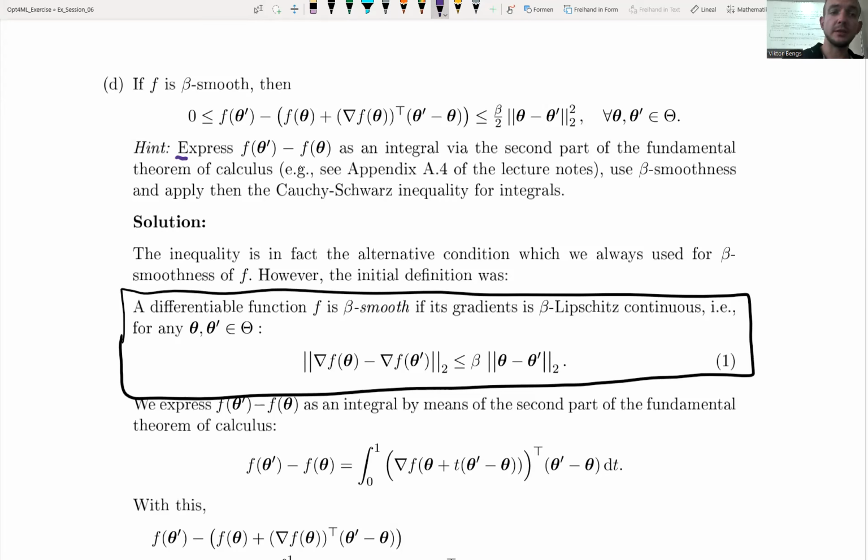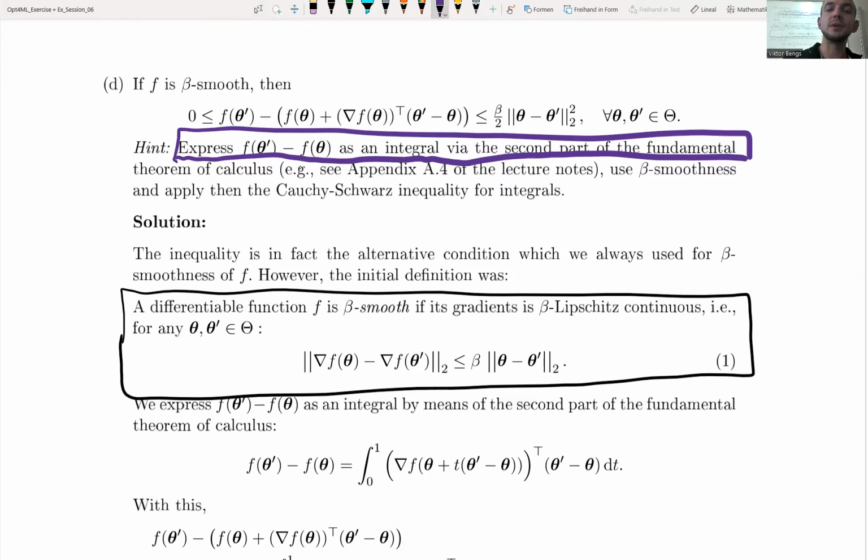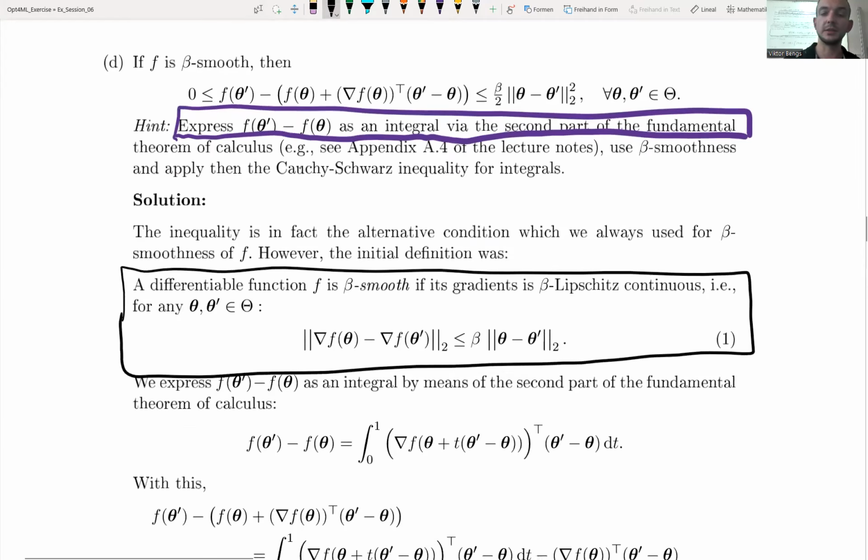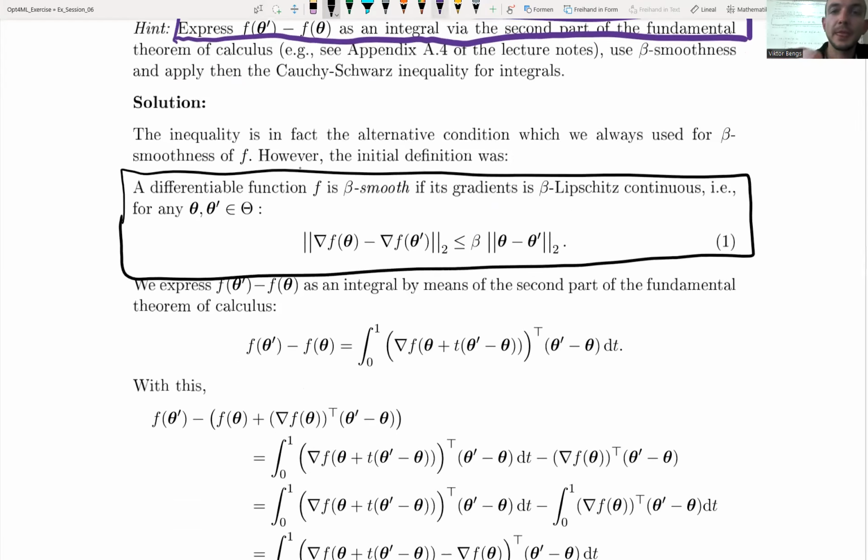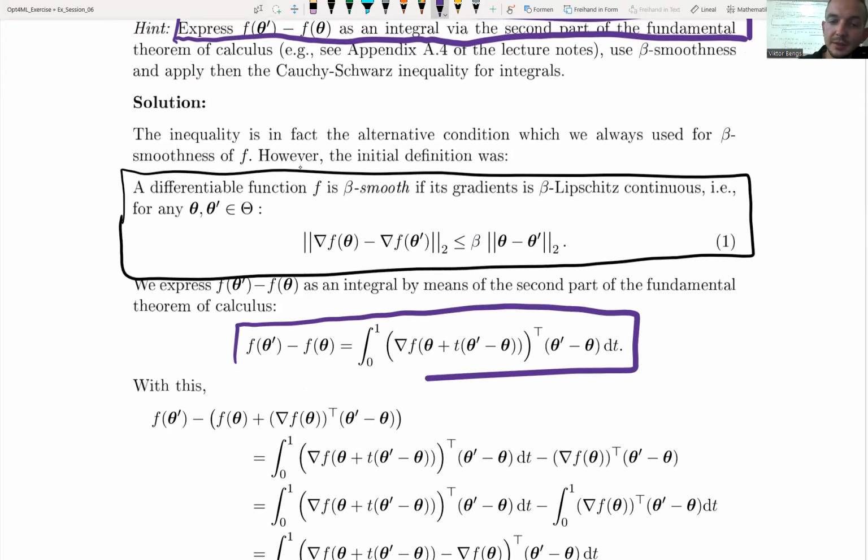First of all, this was more or less the tricky part, namely expressing the difference between f theta prime and f theta as an integral with the fundamental theorem of calculus. And well, we can express it in this way.